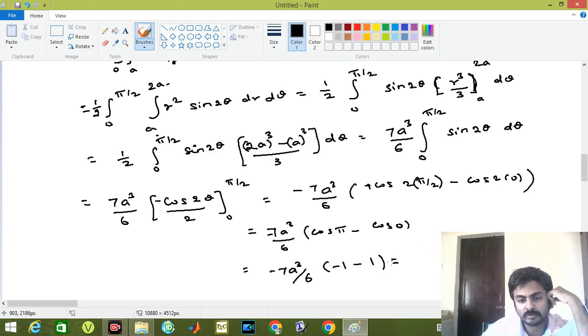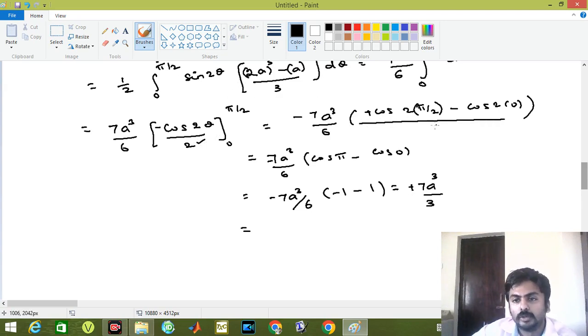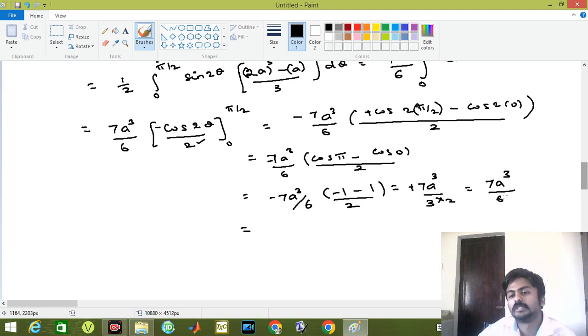So minus 2 means minus of minus will become plus 7a cube, and you get 2 in the denominator, here also 2 in the denominator, so you will get 7a cube by 6. So this will be your final result.